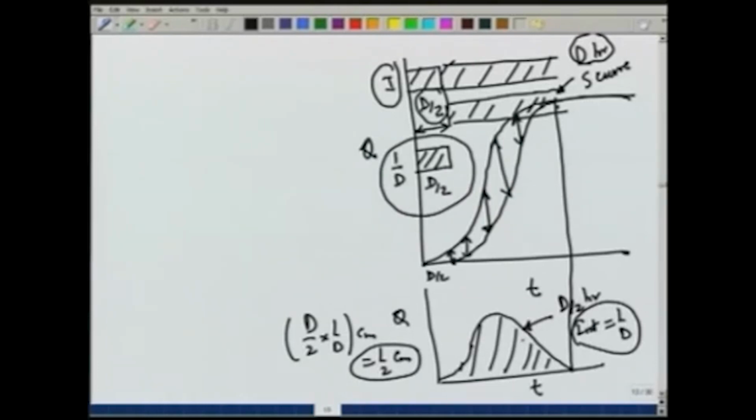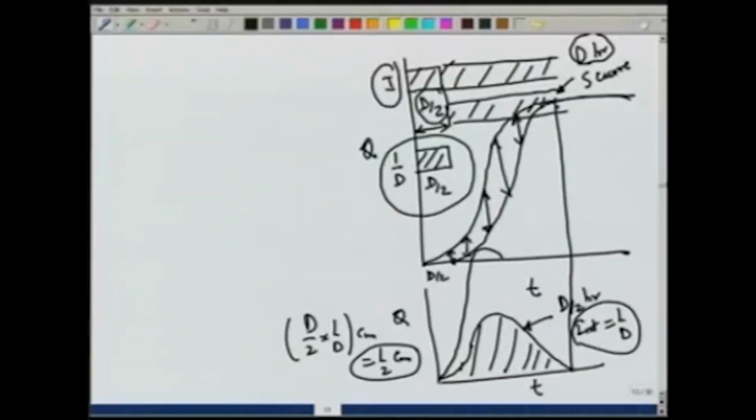So, if you want to find out the unit hydrograph for d by 2 hours, we will have to multiply all the ordinates by 2 and get a d by 2 hour unit hydrograph. So, in this way, for a given d hour unit hydrograph, we can derive UH for any other duration. If that duration is a multiple of d, then it is very easy, we do not have to go through the S curve.